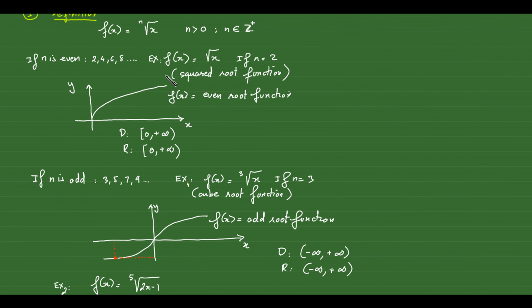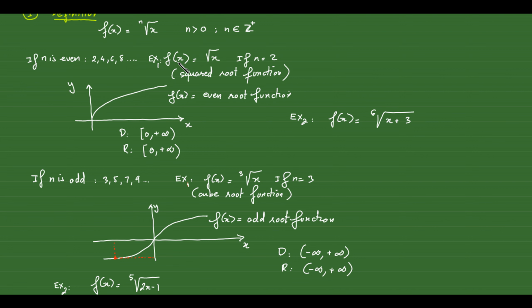So let me give you another example for an even root. For example, I have f(x) equal to the sixth root of x plus 3. The shape of this function will also be something similar to this.